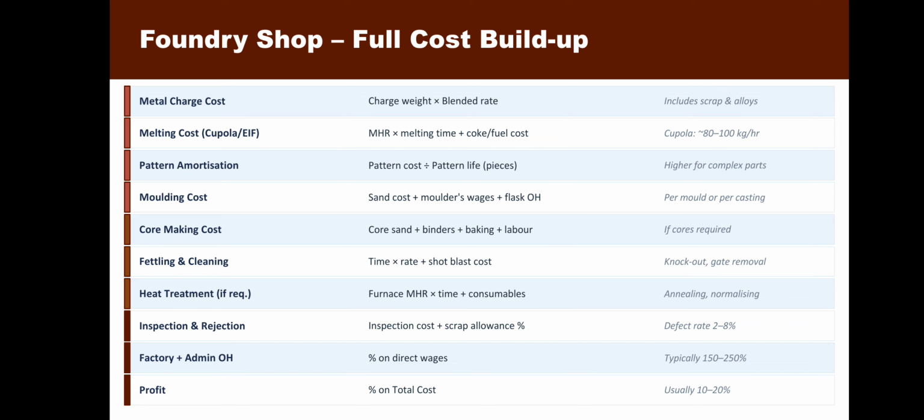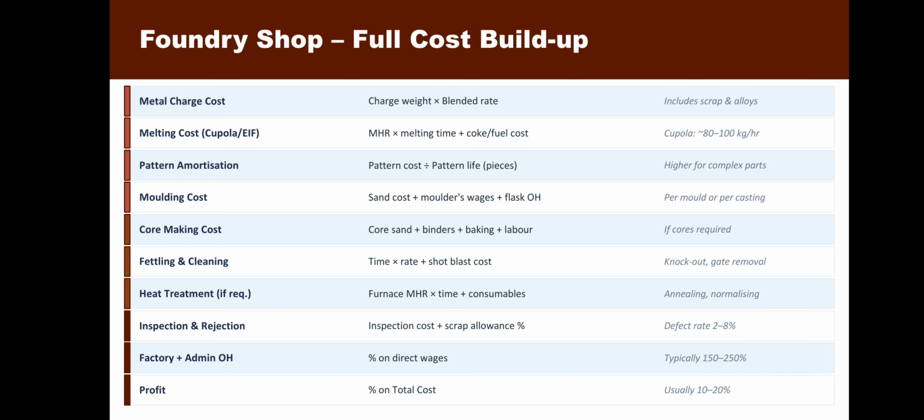Foundry shop full cost build-up. We can find the metal charge cost, melting cost, pattern amortization, molding cost, core making cost, fettling and cleaning, heat treatment if required, inspection and rejection, factory plus admin overhead, and administration overhead. These are the different components of full cost build-up.